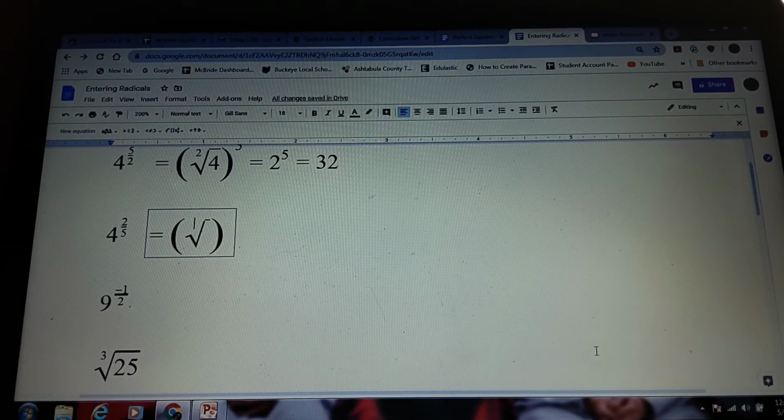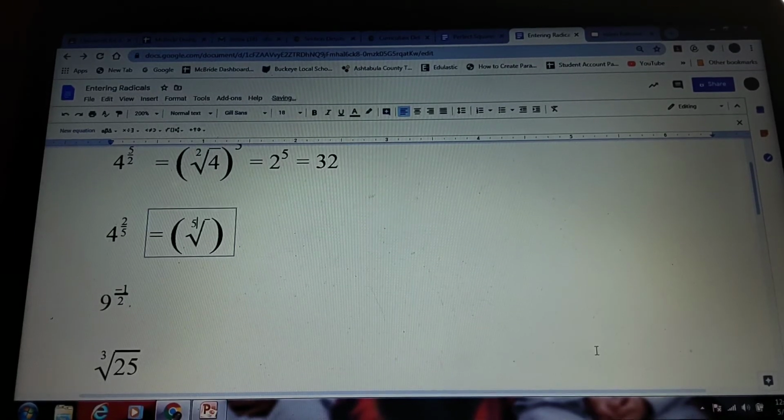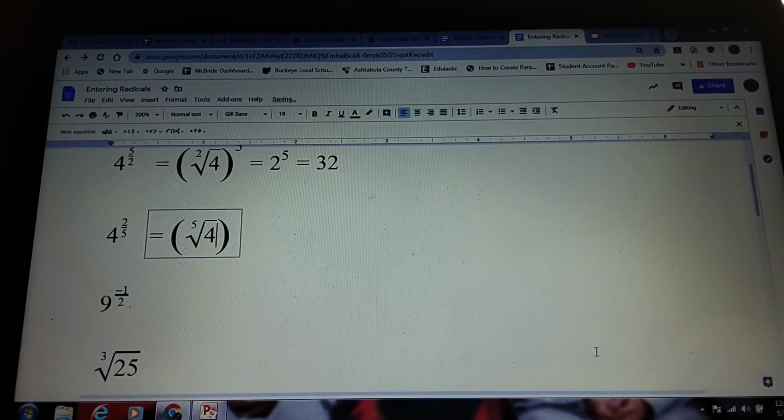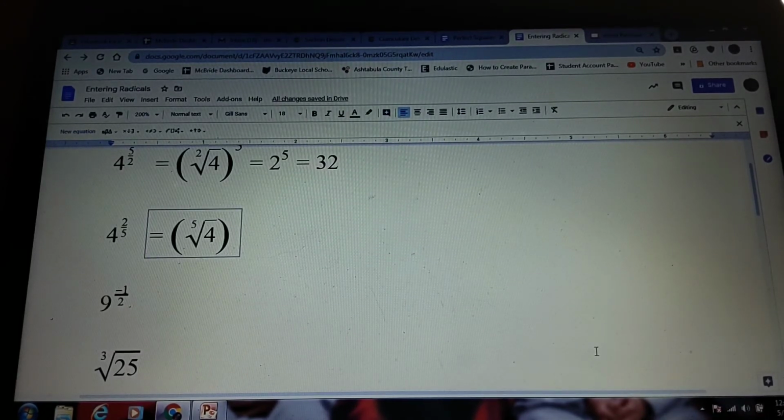Now I'm typing in the bottom of the fraction, which is 5. Right arrow key over. Now I have to type in my radicand, which is the base 4. Right arrow key over, then over again, and then over one more time, so my cursor is up. And now I put my power. Right arrow key over.